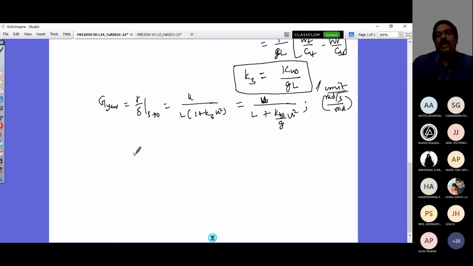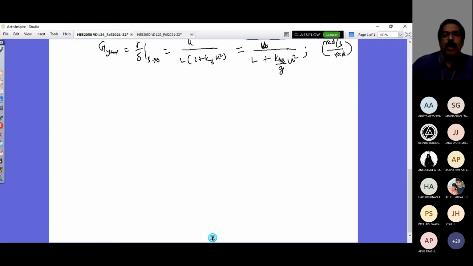If you have a different vehicle, their K3 or KUS will be different, and the vehicle parameter L might be different. So for every vehicle you would have this steady state gain, and you would be able to look at this gain variation as a function of speed.